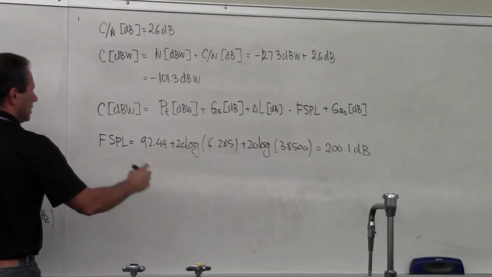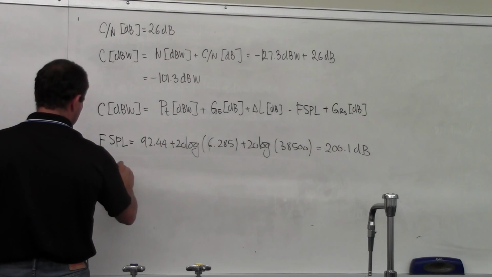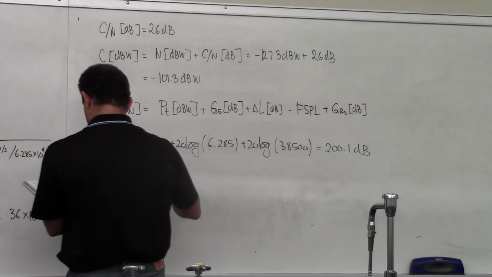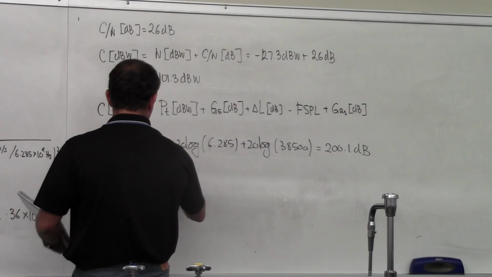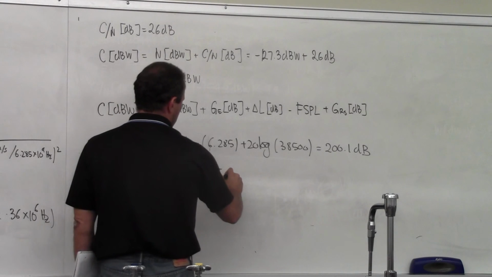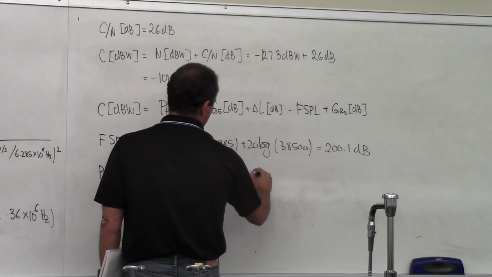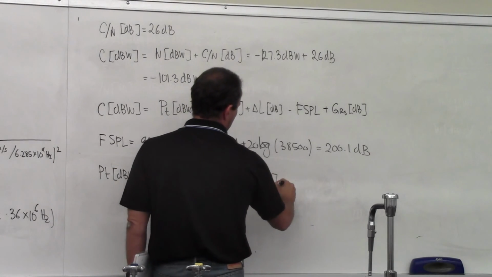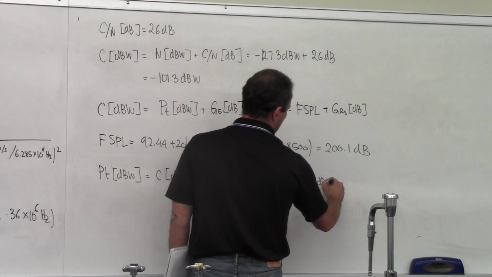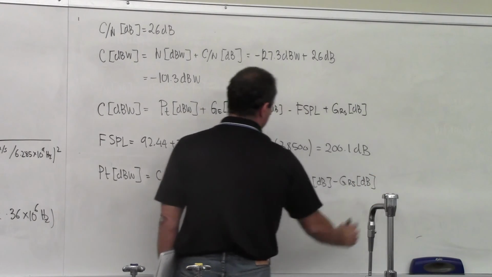So now substituting everything in there, the only thing that I don't know is P_T. So P_T in dB watt is going to be equal to C in dB watt, minus the gain of the antenna in dB, minus delta L in dB, plus free space path loss in dB, and minus the gain of the receive satellite antenna in dB.